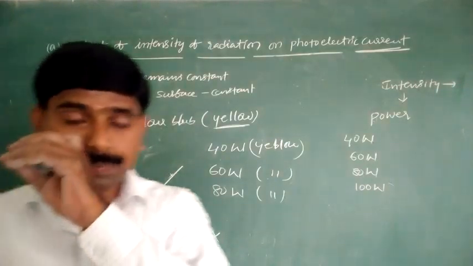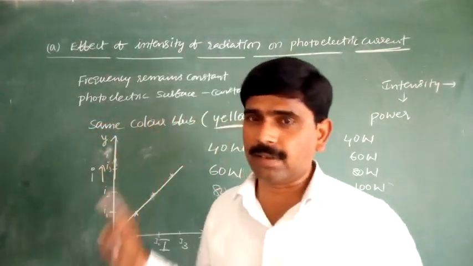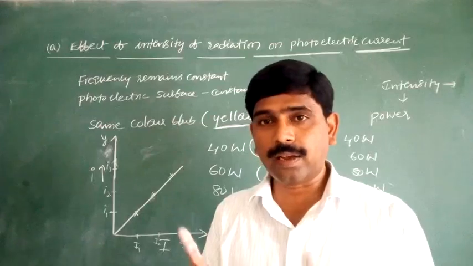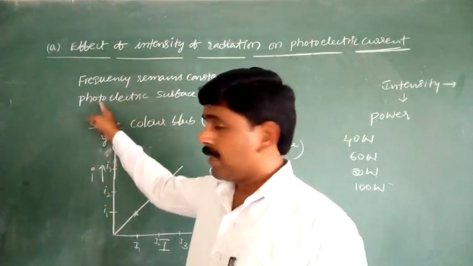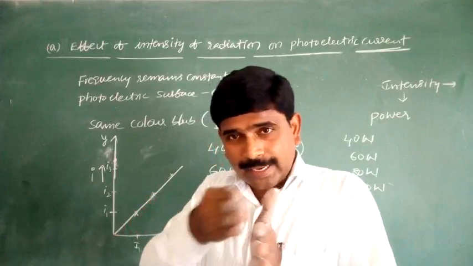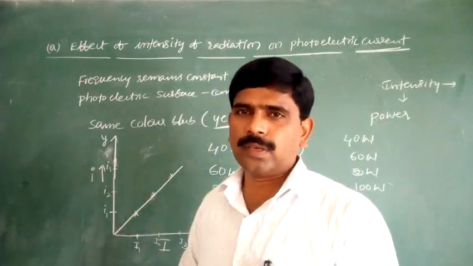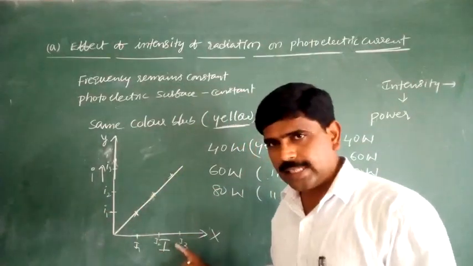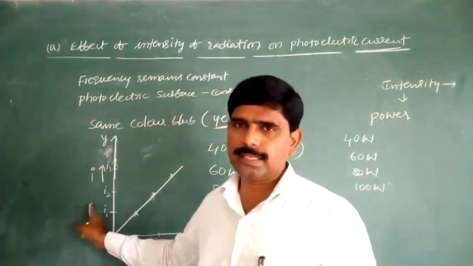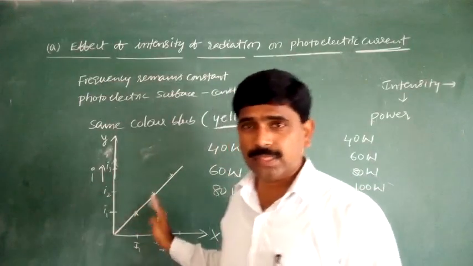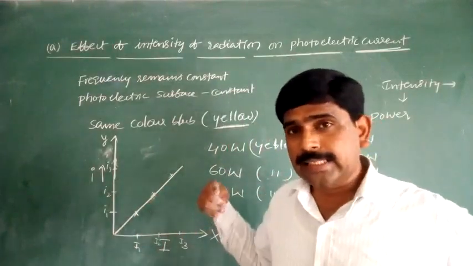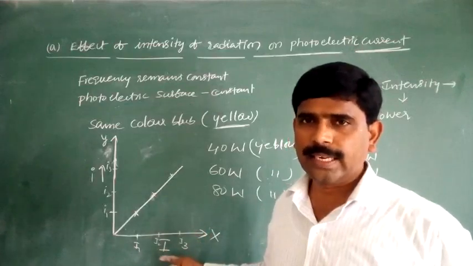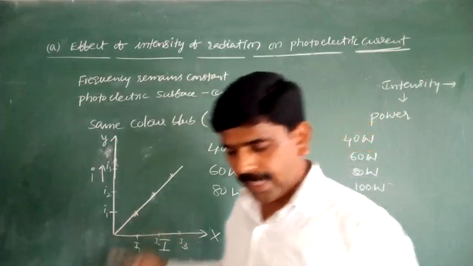Frequency, meaning the color of the radiation, is kept constant, and the photoelectric metal is also constant. The conclusion from this graph is that the photoelectric current increases with the intensity of incident radiation.